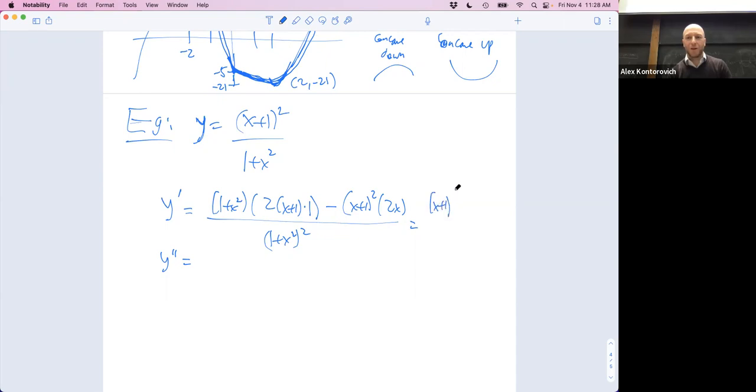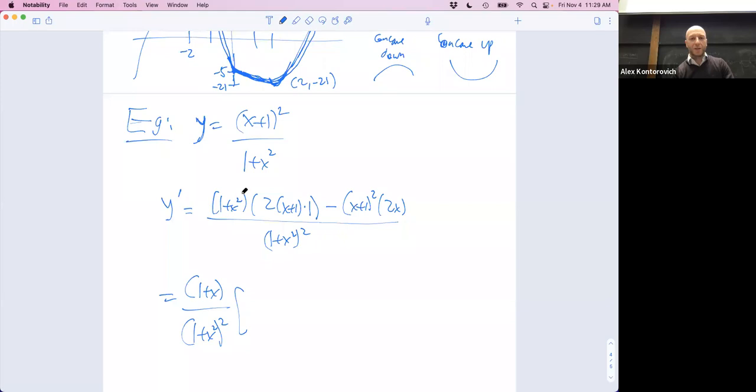Let me pull that x plus 1 out of both places. I have the denominator, (1 plus x squared) squared. What's left when I pull this x plus 1 out?